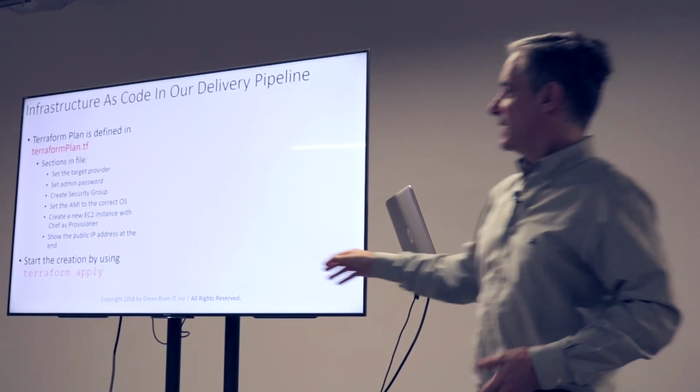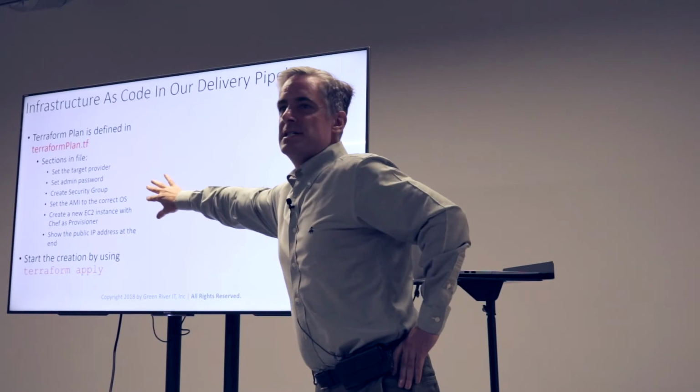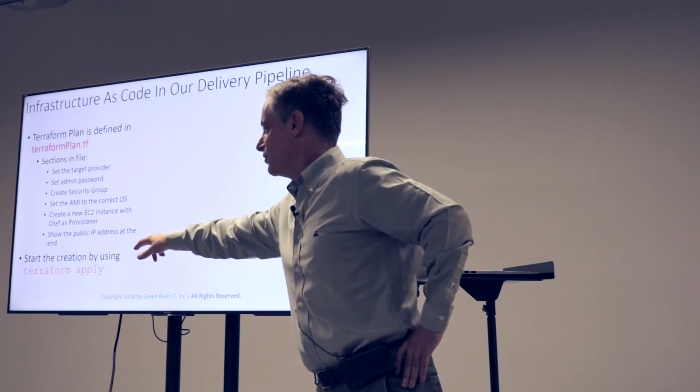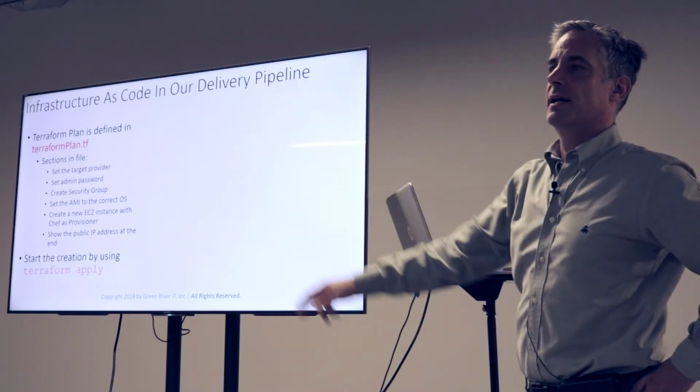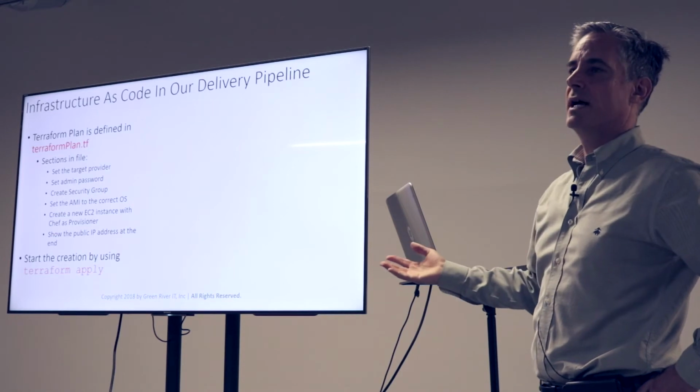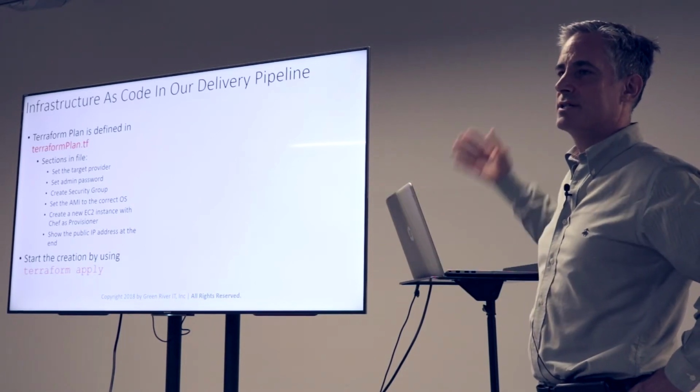And once we built this very simple .tf file, we were able to write 2 words into the command line and have Jenkins actually implement these 2 words, Terraform apply. Well, it applies the plan and creates all these objects.